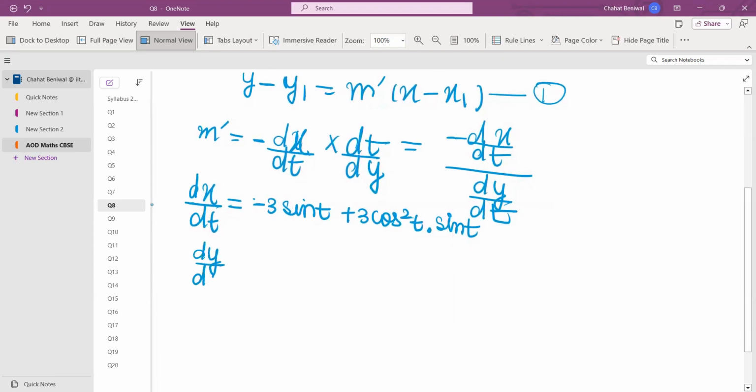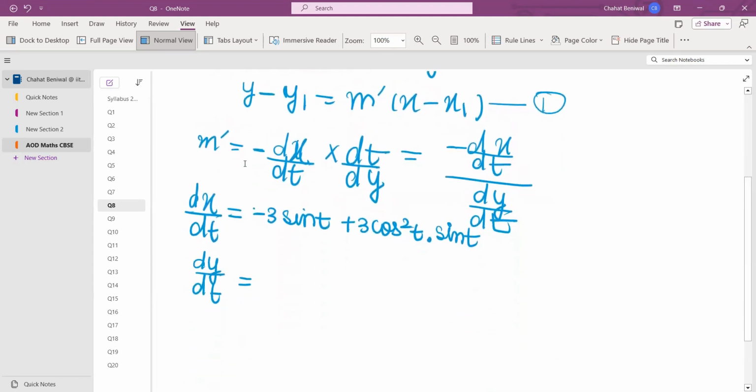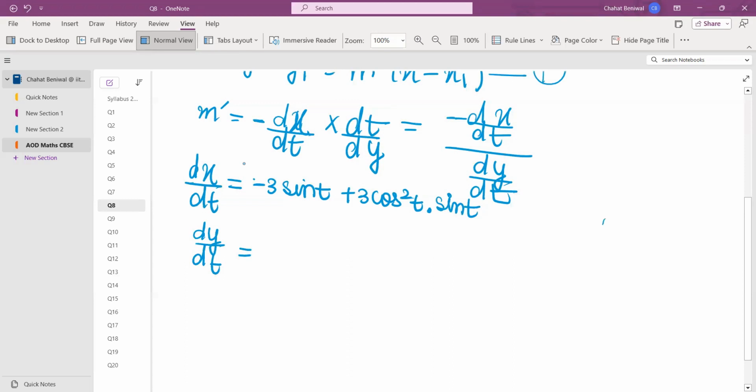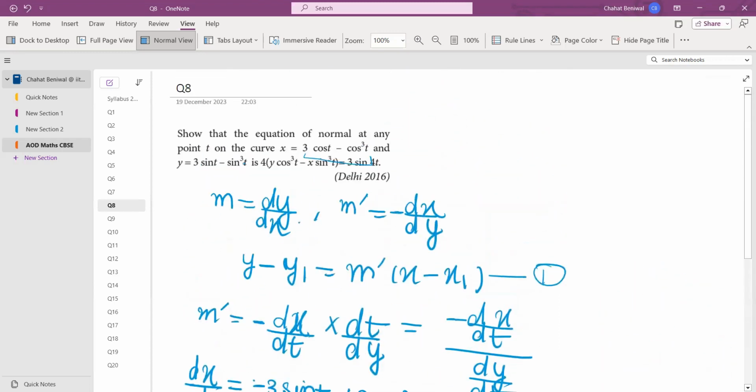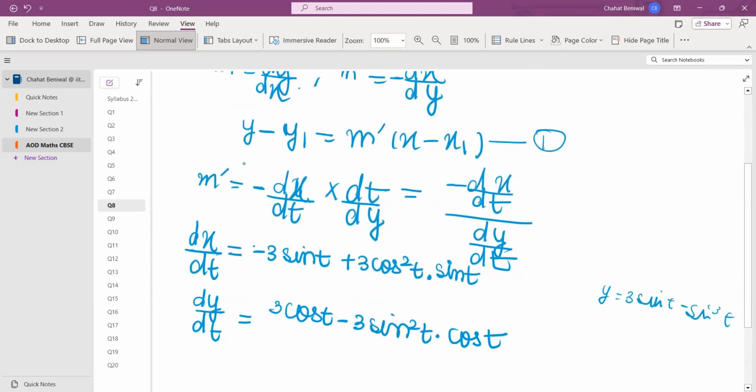And then dy by dt. What is y? 3 sin t minus sin cube t. Okay. So y is 3 sin t minus sin cube t. So it's going to be 3 cos t minus 3 sin square t into cos t. And I'll write the x coordinate also: x is 3 cos t minus cos cube t. So x is same.